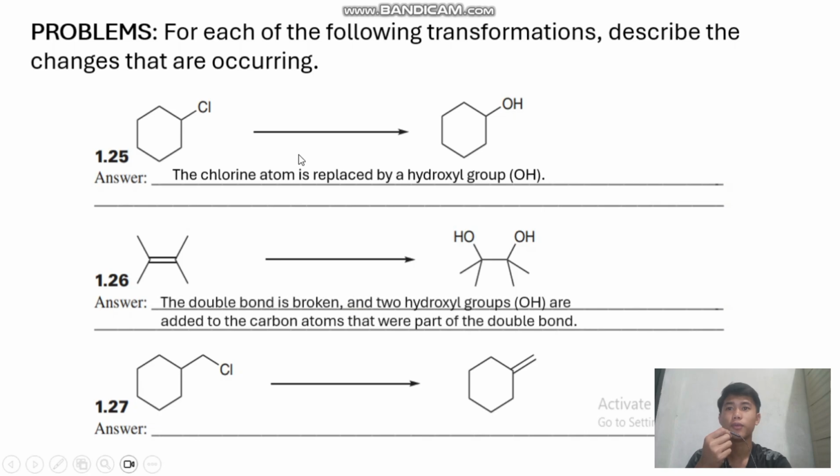Second, the double bond is broken. So here we see a double bond and it is now broken and two hydroxyl groups are added to the carbon atoms that were part of the double bond. So third problem, the chlorine atom is replaced by a double bond. Here. So let's move on.